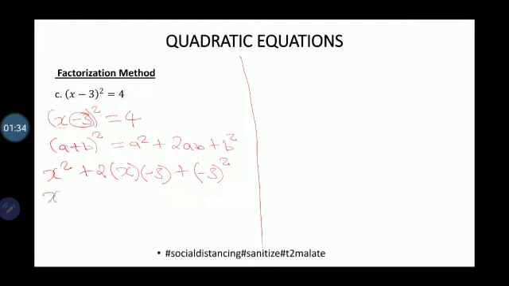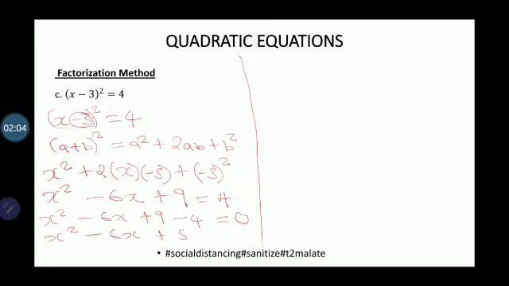So you're going to have x squared minus 6x plus 9 is equal to 4. That way we can now subtract 4 on both sides. We're going to have x squared minus 6x plus 9 minus 4 is equal to 0. Then I'm going to have x squared minus 6x plus 5 is equal to 0.